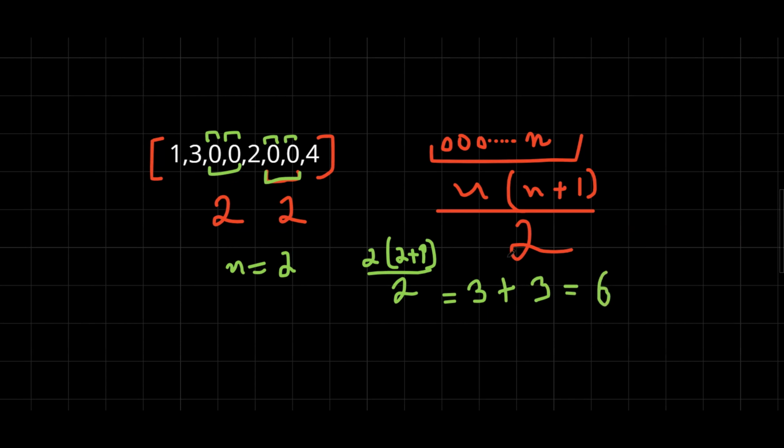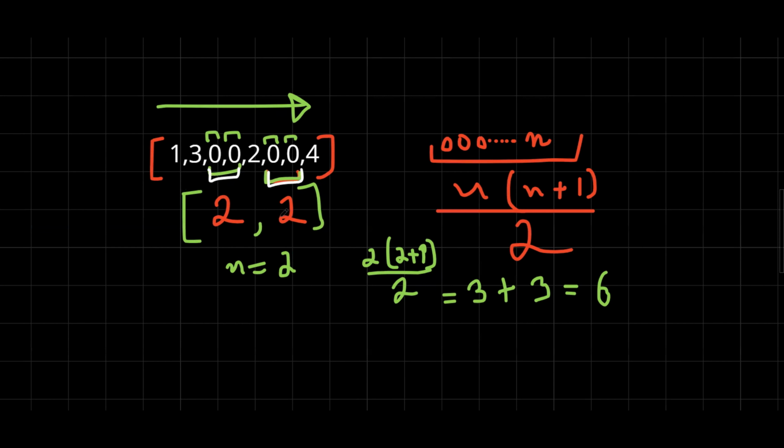Now the algorithm is pretty simple. We have to iterate over each element from left to right, and calculate the length of each subarray which has all elements 0. We store these lengths in a vector. Here we store two elements in the vector, which are 2 and 2, the lengths of this subarray and this subarray.